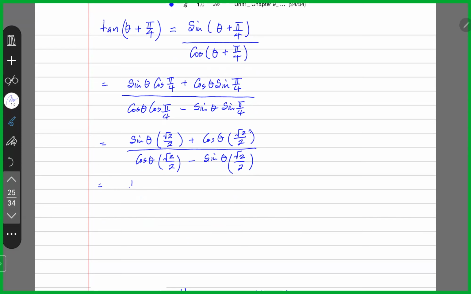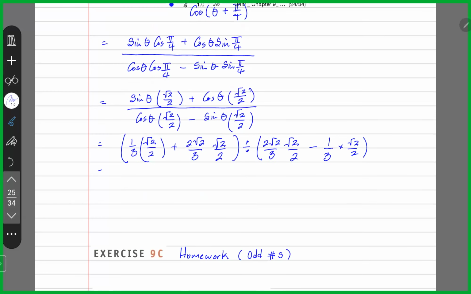The numerator is 1/3 times root 2 over 2 plus 2 root 2 over 3 times root 2 over 2, divided by 2 root 2 over 3, which is the cosine of theta, times root 2 over 2 minus the sine of theta, which is 1/3, times root 2 over 2.